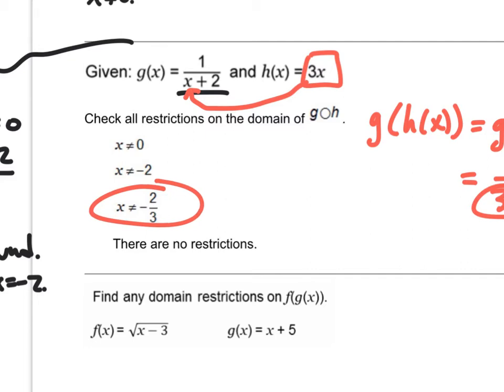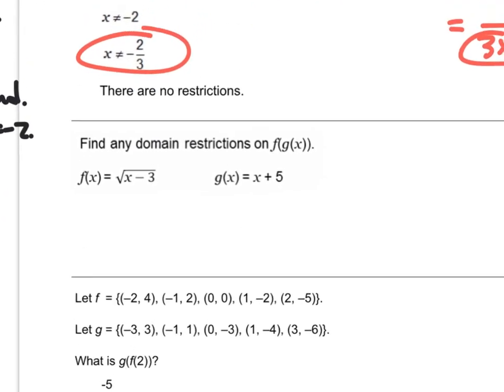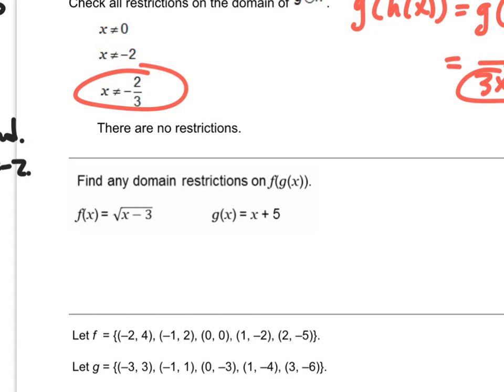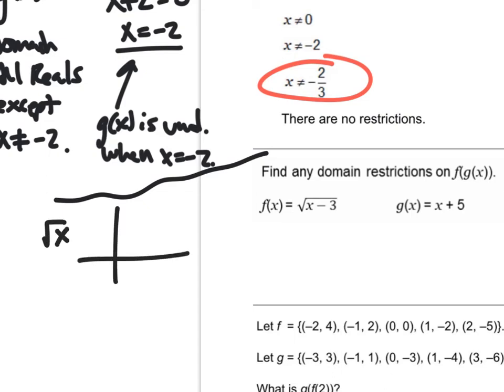All right, so now let's take a look at something else here. You have this function f, another function, which is the square root of x minus 3, and then g of x is equal to x plus 5. Now, this is a square root function. Let's take a look at your generic square root of x.